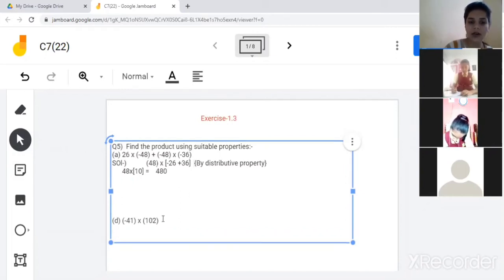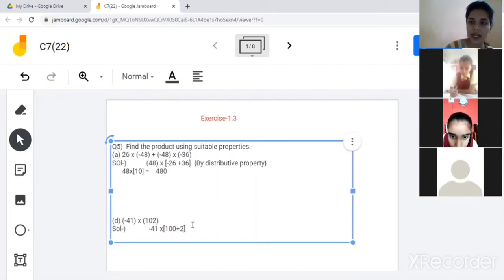Now here, how will you solve by applying the property? See, minus 41 into 102. If you multiply it directly, it will be a big calculation. So for solving it very easily, you can do one thing, children. Write minus 41 multiplied by, here instead of writing 102, you can write 100 plus 2, isn't it?